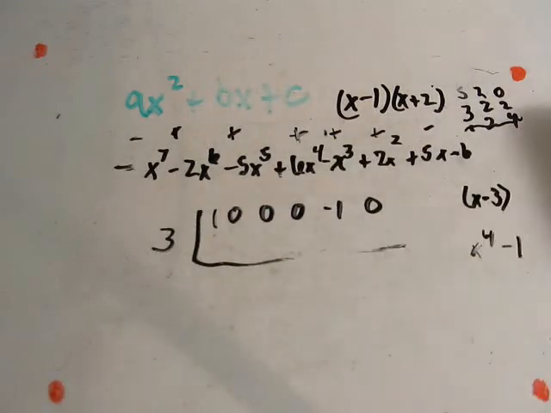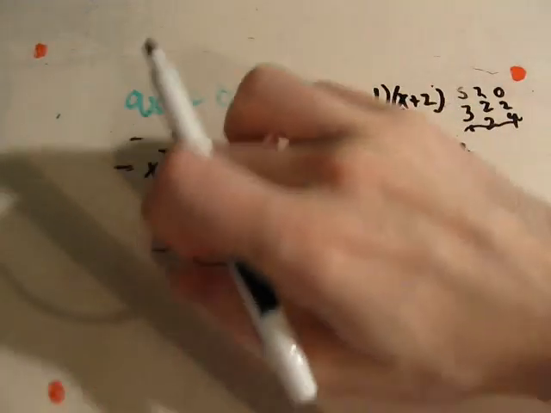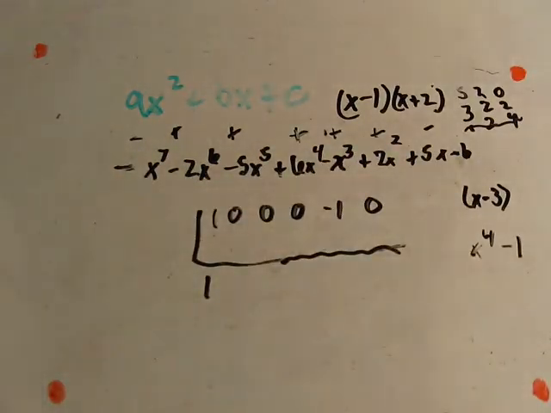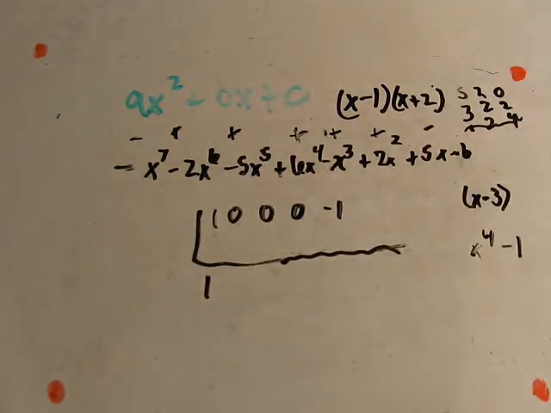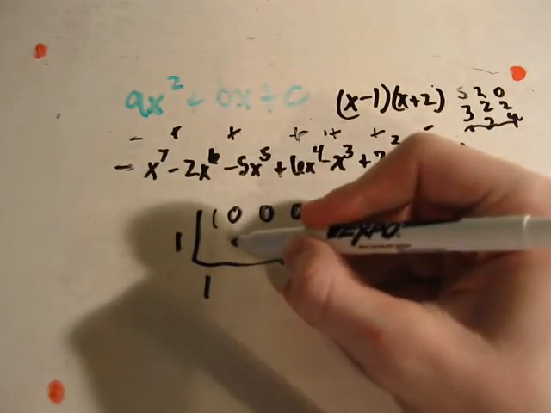If we're gonna try and get this down to all zeros, in other words, everything's gonna be factored out completely, we gotta pick a number that'll do this. What about 1? 1 times 1 is 1.